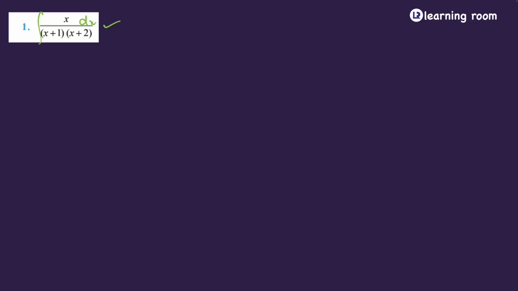So how are we going to solve this? It is linear by quadratic, right? But this quadratic has the factors present in it. So how are we supposed to write it? x divided by x plus 1 into x plus 2 can be written as a by x plus 1 plus b by x plus 2.